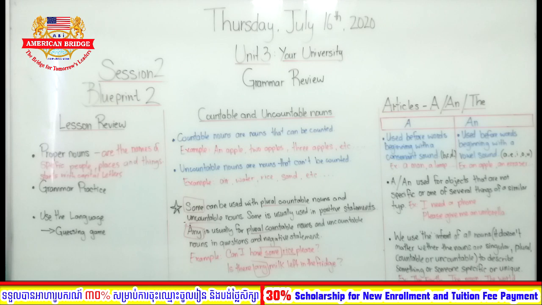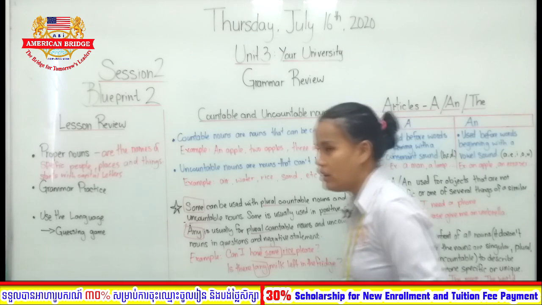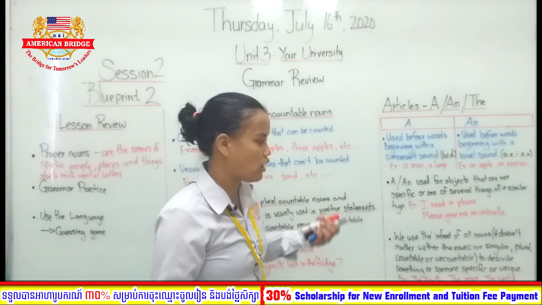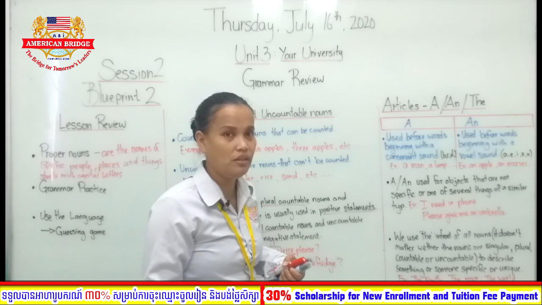So something that is specific or unique. Unique means one, okay? Everyone say unique, unique, right? So we use "the" when we want to be specific about something or someone, or unique, okay?